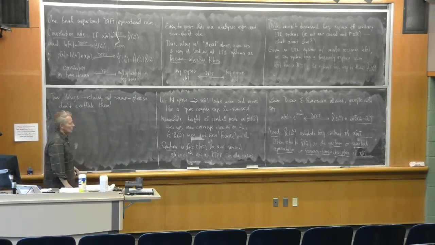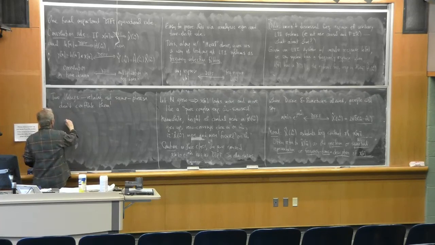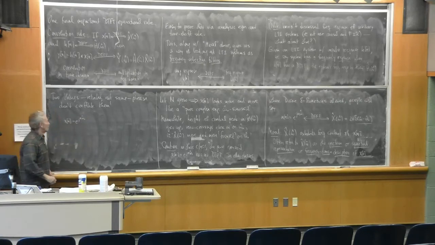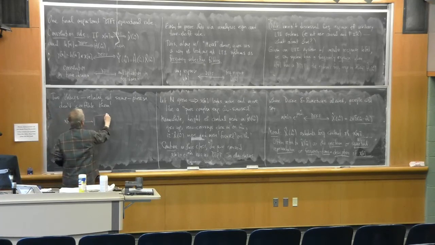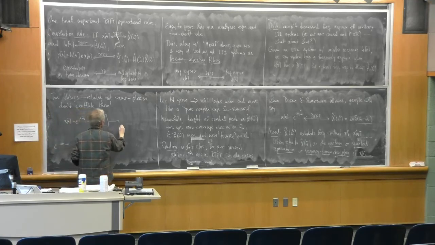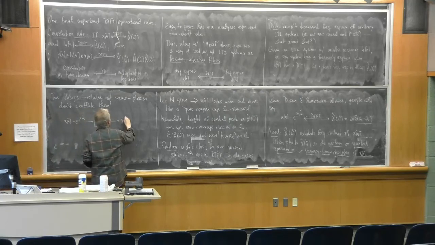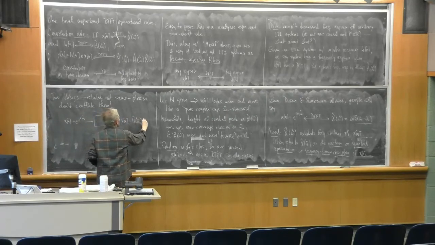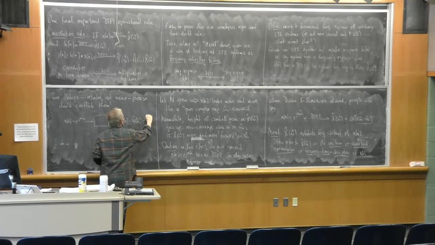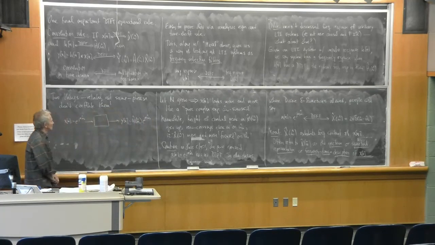All right, so one thing is, if I take x of n, a pure complex exponential sinusoid, and I put it into the system that has impulse response h of n and frequency response h hat of omega hat, what comes out is y of n equals h hat of omega 0 hat e to the j n omega 0 hat. Remember we were talking about finding the frequency response by using the picture?